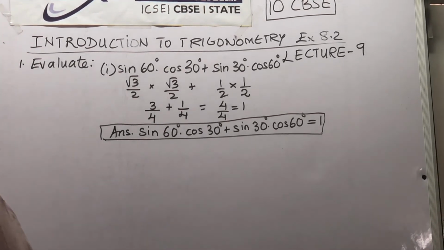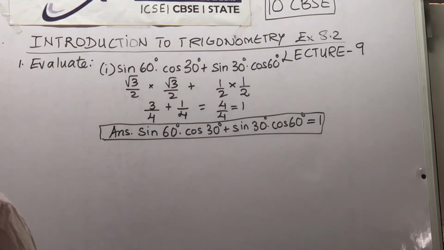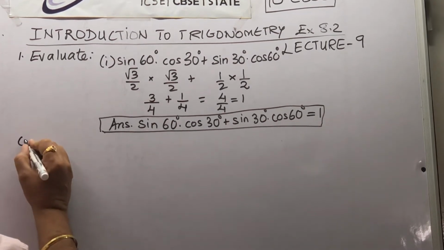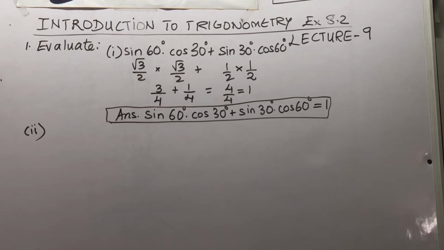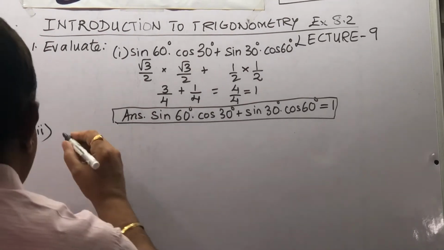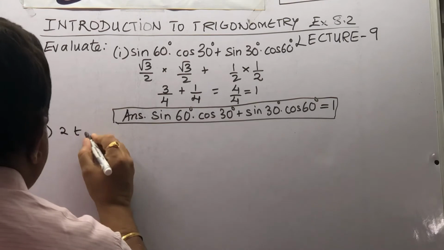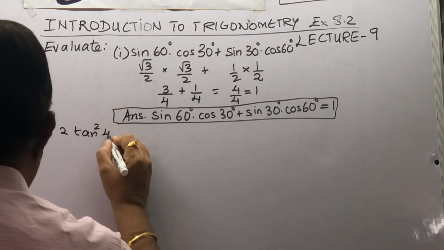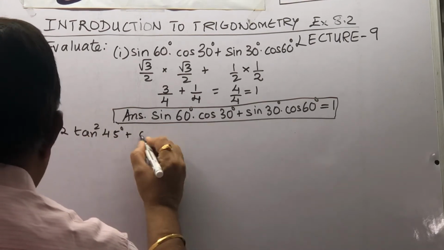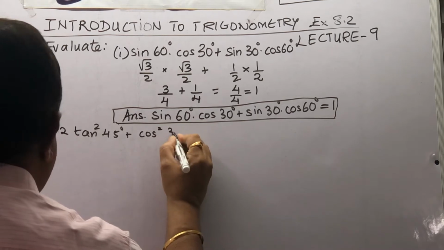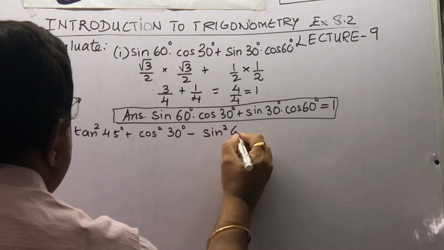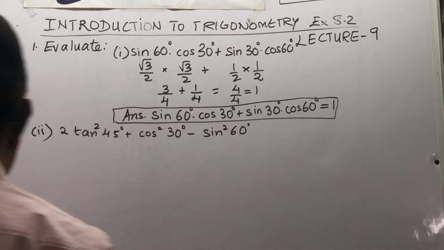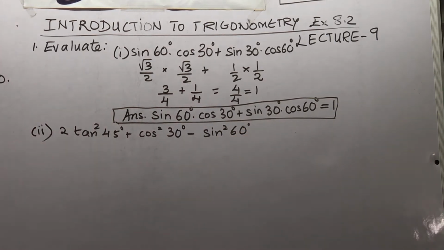Let us see sub-sum number 2. We are going for the second sub-sum. This says evaluate 2 tan square 45 plus cos square 30 minus sine square 60. Okay, we have 3 terms and we are supposed to solve.